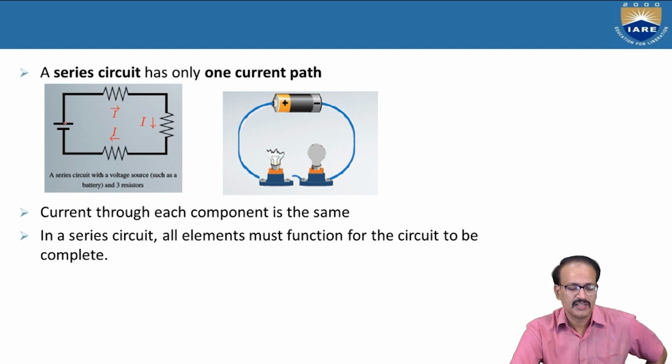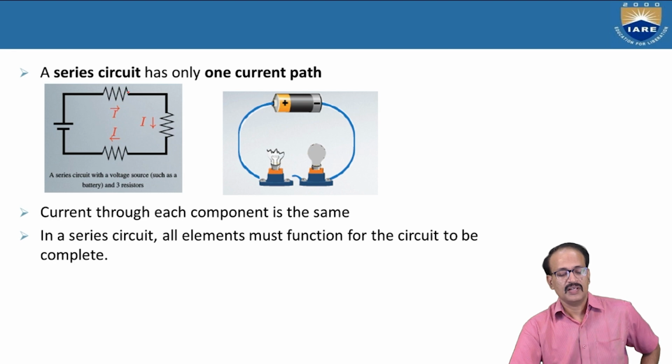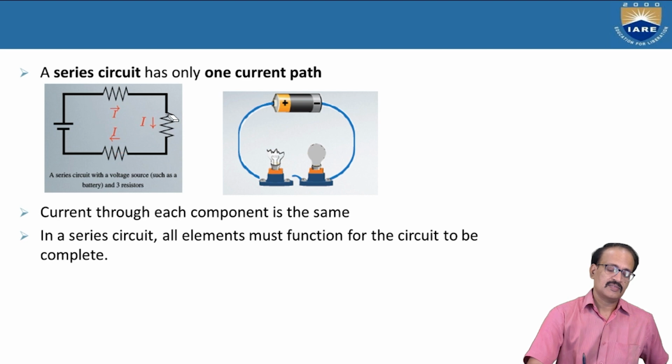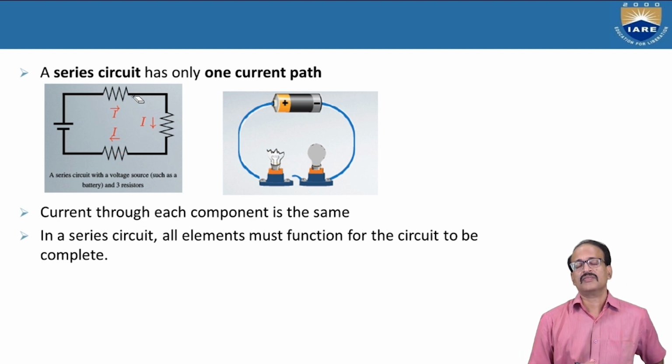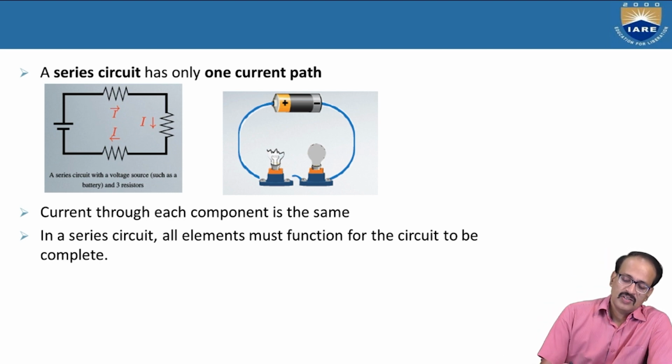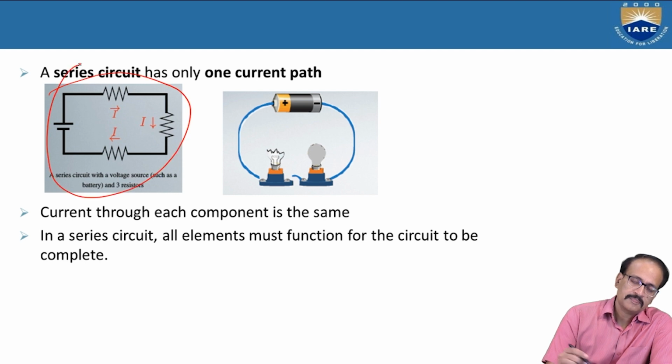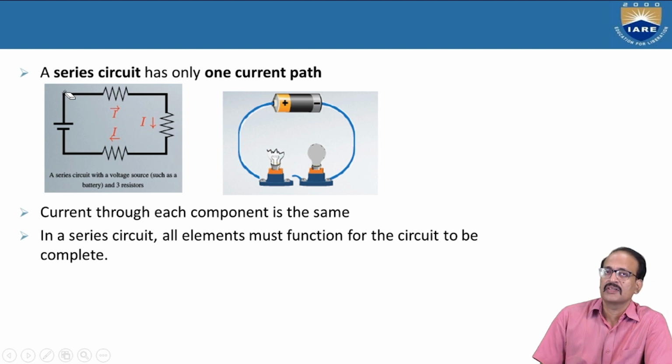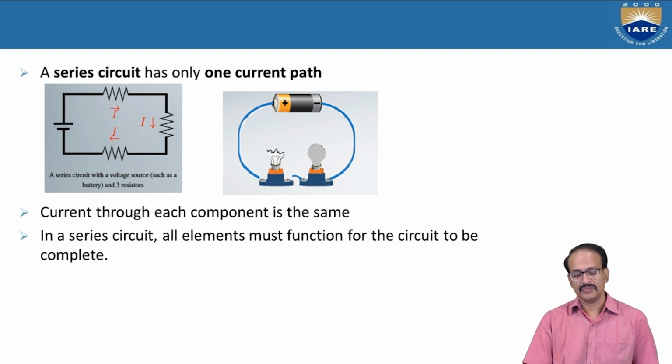From the source it has started, it came here, and afterwards the same current will pass to this resistor also, because the current which has started from the source has not found a second path. So series circuit means only a single path. The current does not need to divert to another path because there is only one single path. That's why in a series circuit the current will be the same.